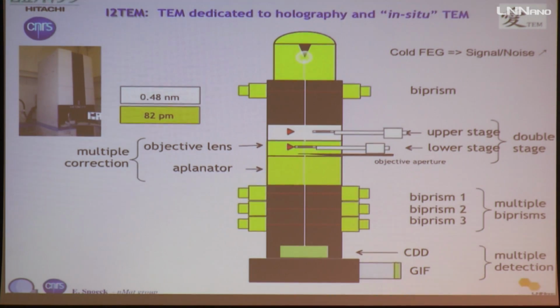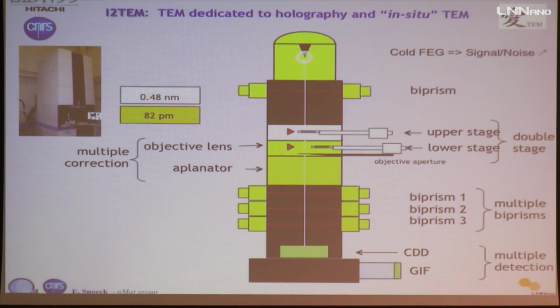So in a case we are working in normal mode, we have 82 picometer resolution. This is an advanced, high resolution corrected microscope with the B-Cor, the aplanator corrector from CEOS put in this Hitachi microscope. This is a conventional high resolution microscope with sufficiently good spatial resolution.